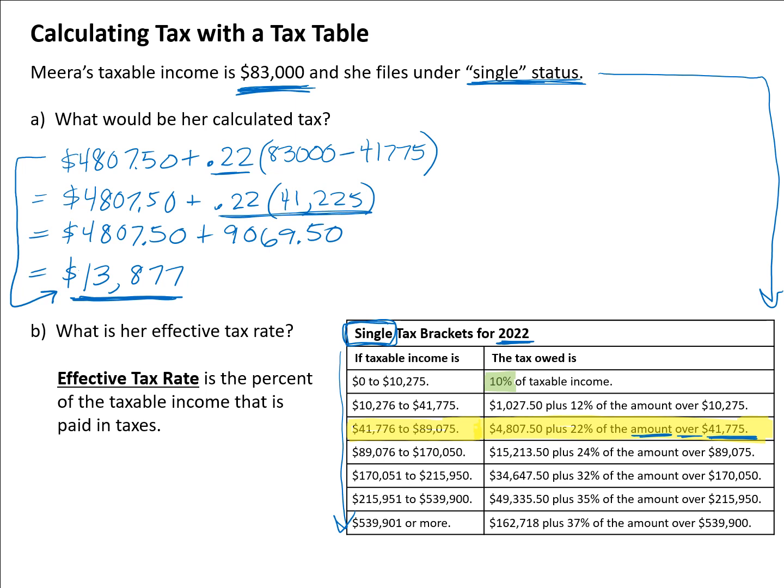Then we have a 12% charge on anything between $10,276, going a step up, and $41,775. So we are charged 10% on the first amount of money we make, and the next group of money we're charged 12% on. And then anything beyond that, going up to 89,000, we're charged 22% on.